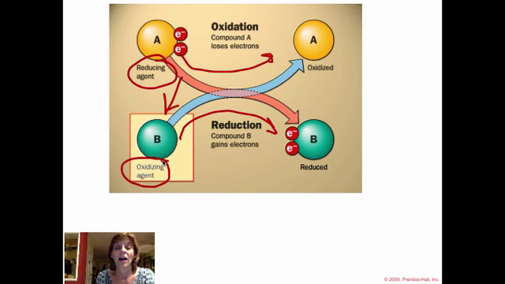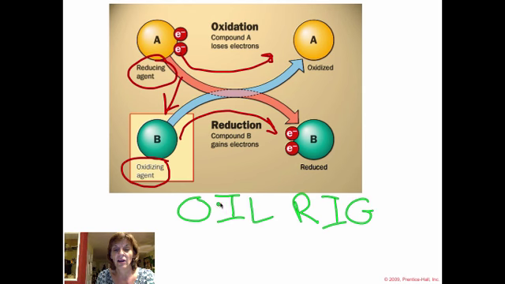In case you don't remember, there's a way to remember which is which. Two little acronyms. There's one called OIL RIG, which stands for oxidation is loss, reduction is gain.